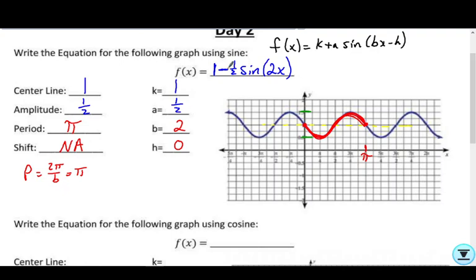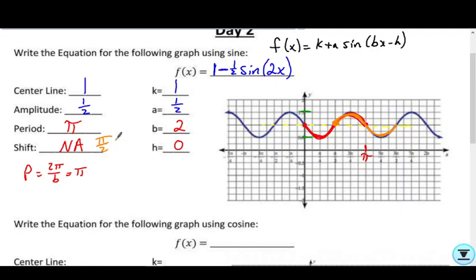Now, if you had used a different sine wave, so say if yours had started here and you went to here, that just means that you're going to have a shift, and your shift is going to be pi over 2.